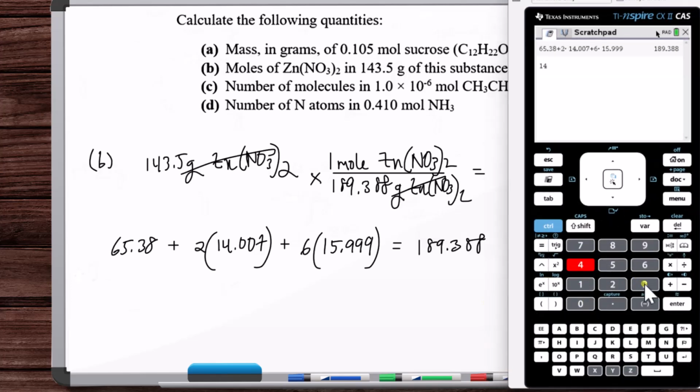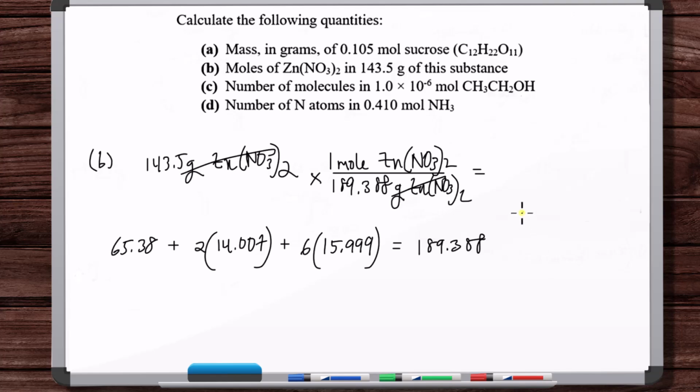So 143.5 divided by that is 0.758 moles of zinc(II) nitrate units.